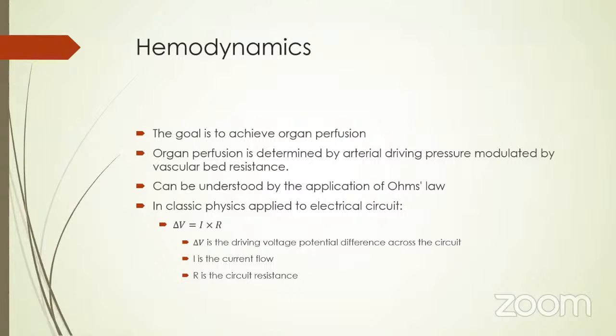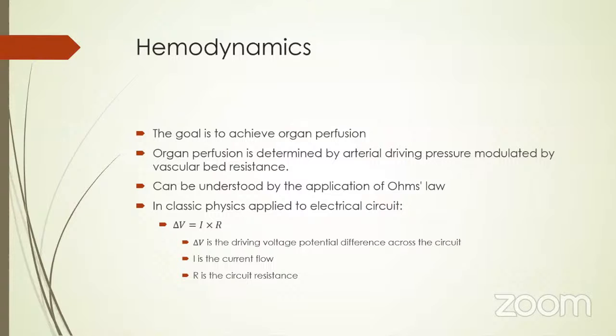The goal of the heart is to achieve organ perfusion. Organ perfusion is determined by arterial driving pressure modulated by vascular bed resistance. It can be understood by the application of the classical Ohm's law, used in physics to measure an electrical circuit.